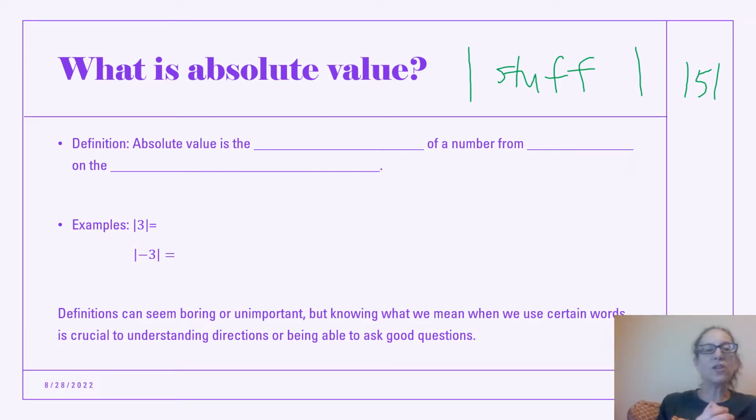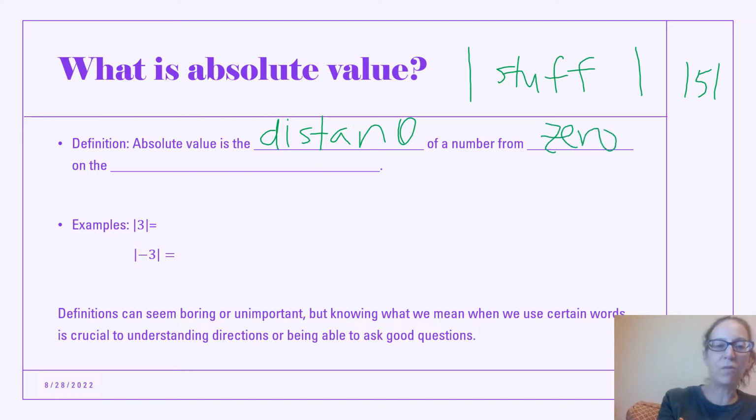So the definition of absolute value is the distance of a number from 0 on the number line. Number lines are so important. That is messy. Let's see if we can clean that up. There we go.